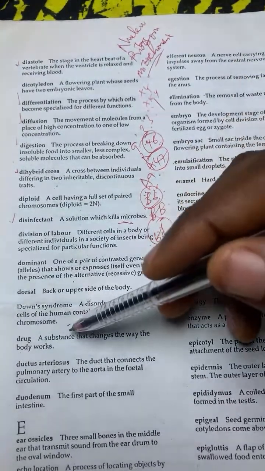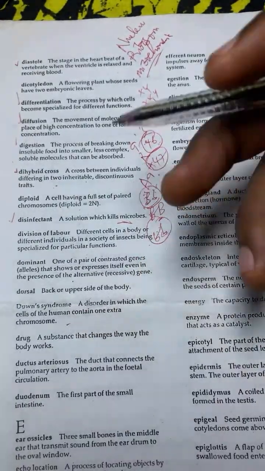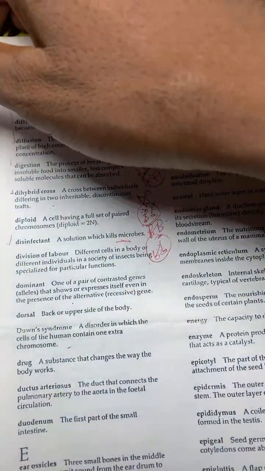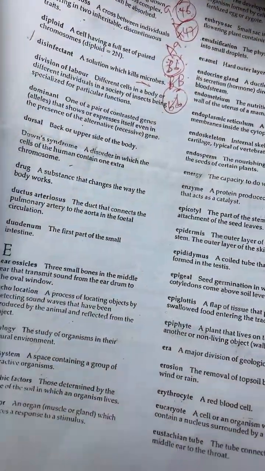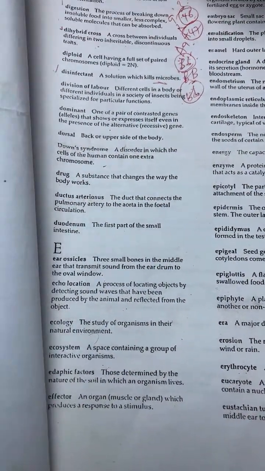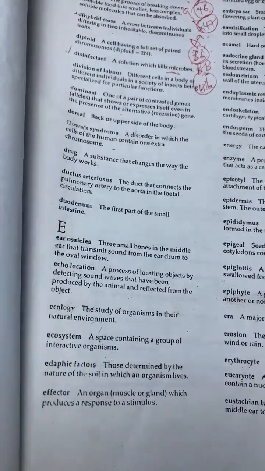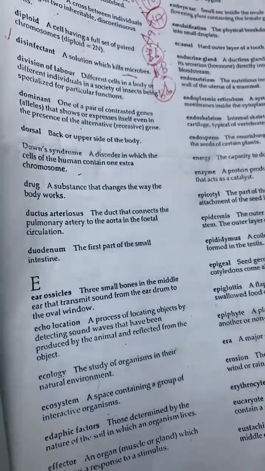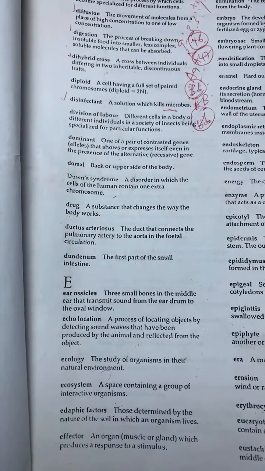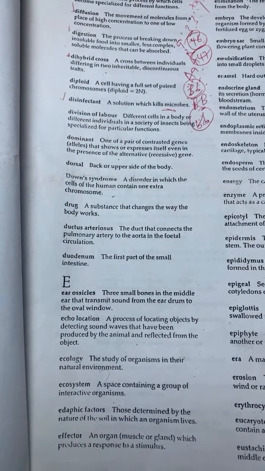So we move on to drug. We said that a drug is a substance that changes the way the body works. Meanwhile, drug is different from medicine. Biology students understand that drug is entirely different from what? Medicine. Drug can produce a positive effect or a negative effect.